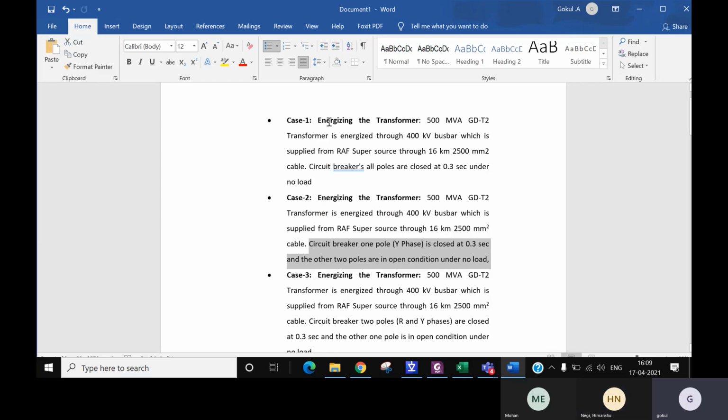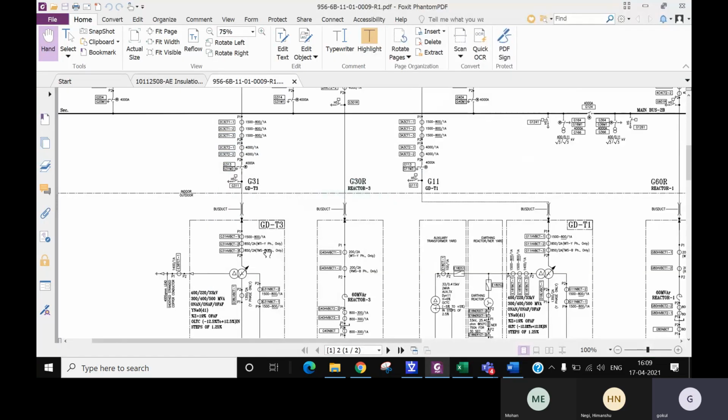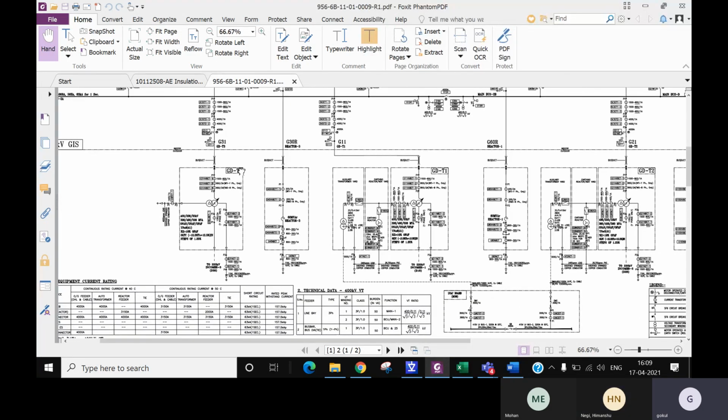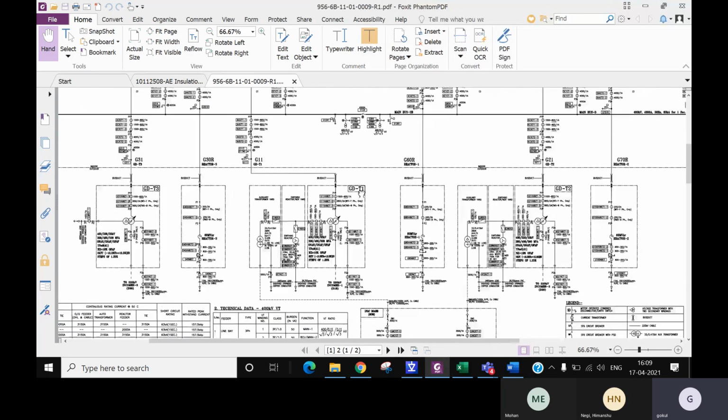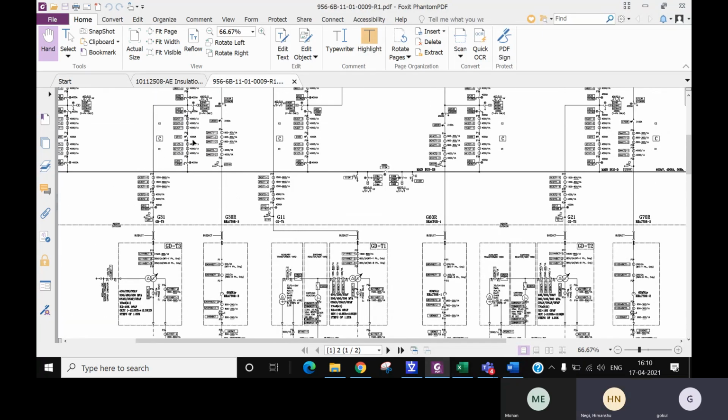And then there is another basic difference we have to consider. Here we have three transformers, right? Transformers T3, T1, and T2. Out of the three transformers, we have to consider which is the shortest path from the breaker. For example, T3 is the shortest path.